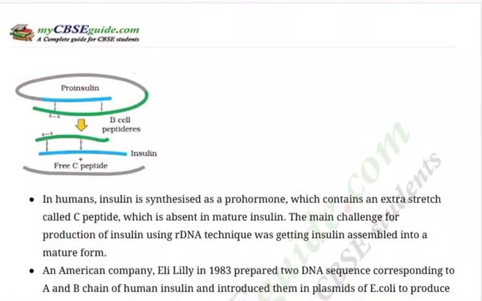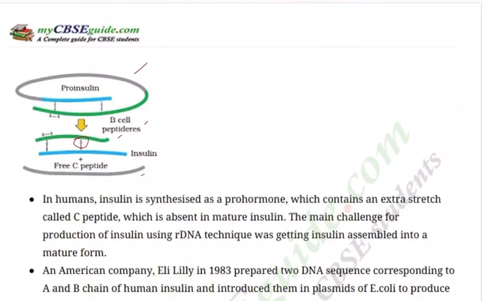So this is proinsulin, and you are seeing the beta cell peptides, and you have this A peptide and B peptide. The A peptide and B peptide have disulfide bonds, and there is a free C peptide.